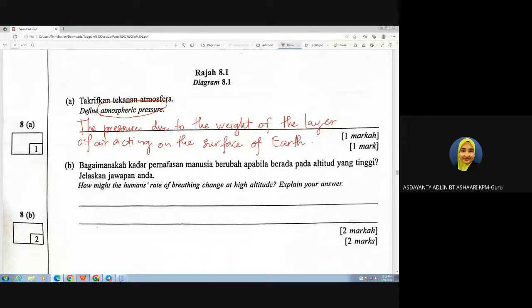Okay, B. How might the human's rate of breathing change at high altitude? So he asked about how humans breathe when going to high altitude.